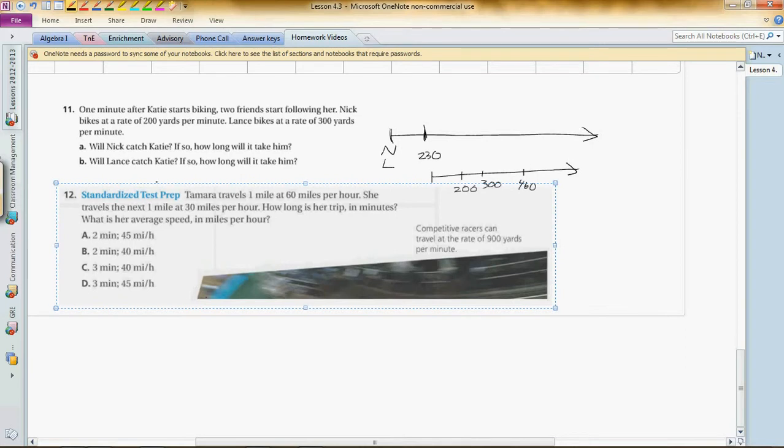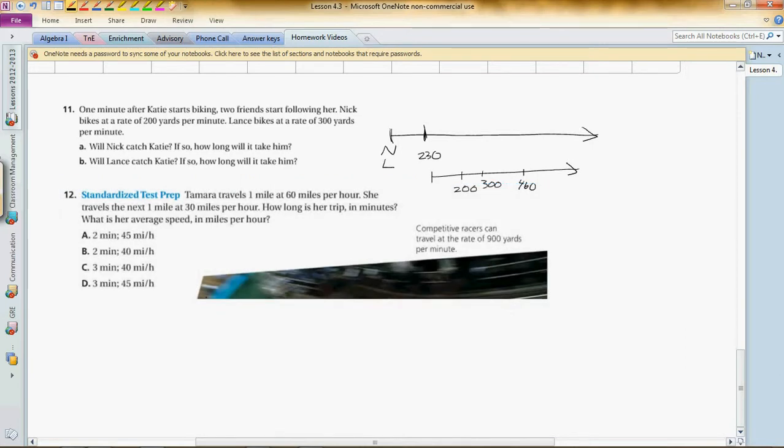Tamara travels 1 mile at 60 miles per hour. So how many minutes does it take? If you remember the formula, we know that the distance divided by time is the speed, right?